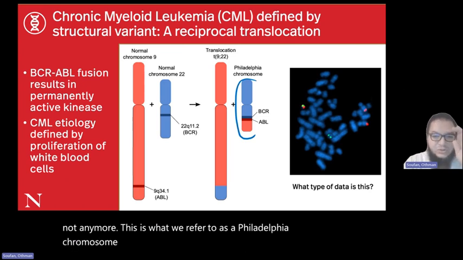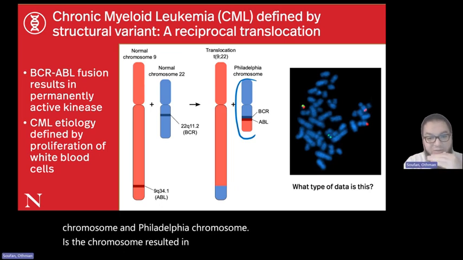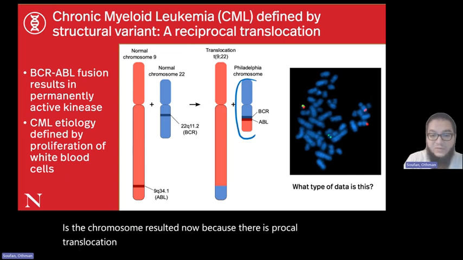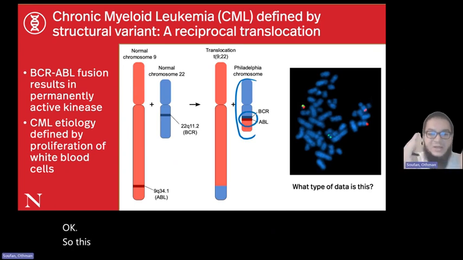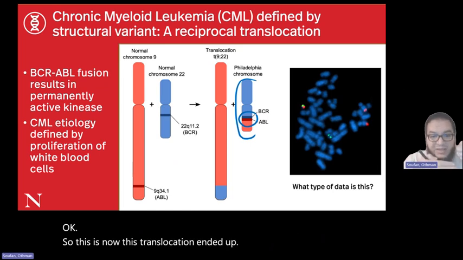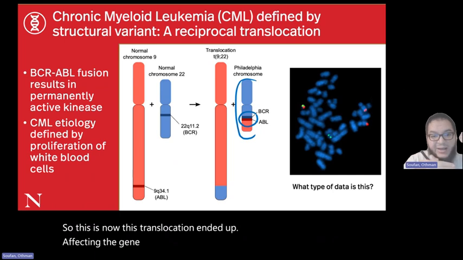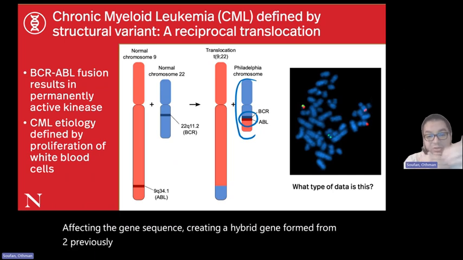The Philadelphia chromosome resulted because the reciprocal translocation created what is called a fusion gene. So this translocation ended up affecting the gene sequence, creating a hybrid gene formed from two previously separate genes.